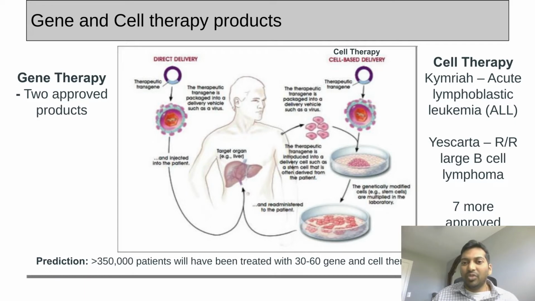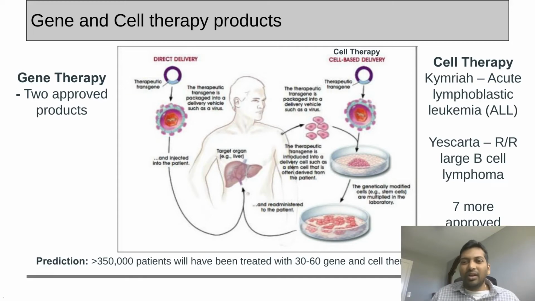Most of the raw material for cell therapy, when you consider CAR T therapy, is the blood itself from a patient, and you engineer it and give it back to the patient to overcome the disease.